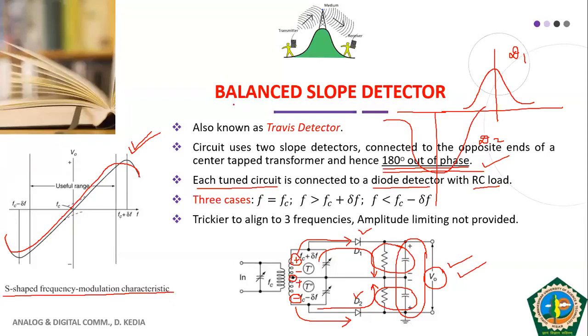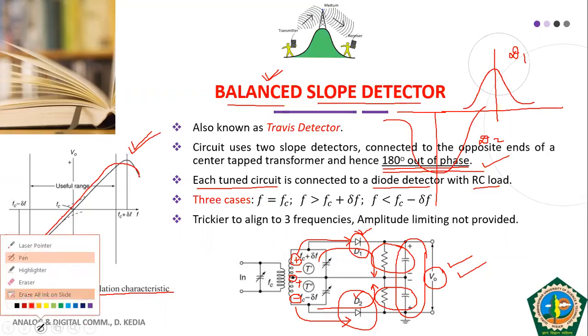And we call it balanced slope detector, means the two slope detectors are balanced. They are balanced means they are exactly opposite of each other. The two circuits are exactly opposite. They are balancing each other. So that's why we are calling it balanced slope detector.